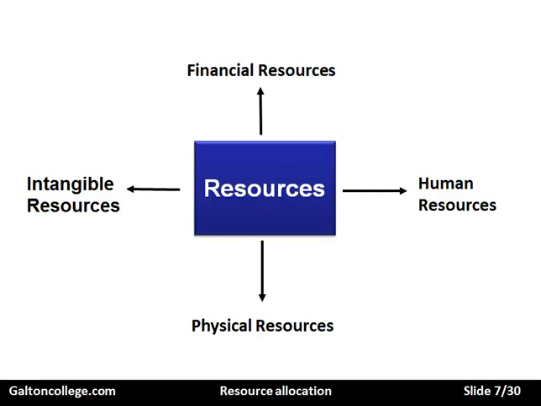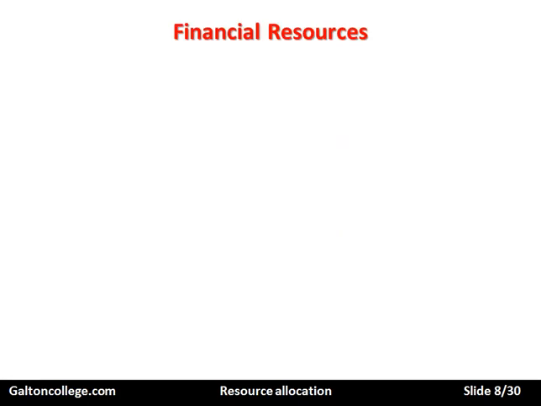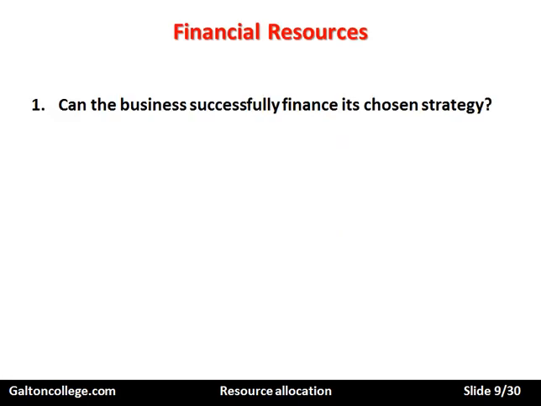And we'll start with the financial resources at the top. The question is, can the business successfully finance its chosen strategy? Well, there is an issue that sometimes in terms of strategy selection, the strategy may be very elaborate and very comprehensive, but it can't be afforded.